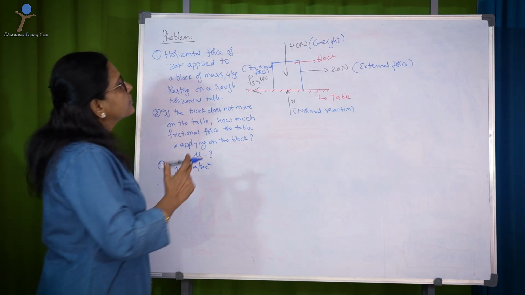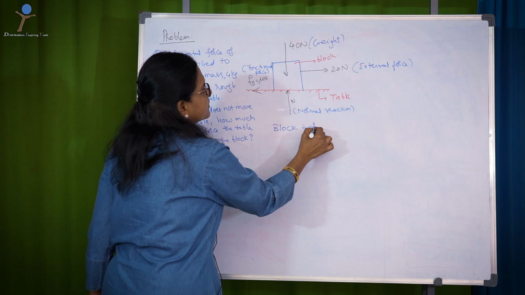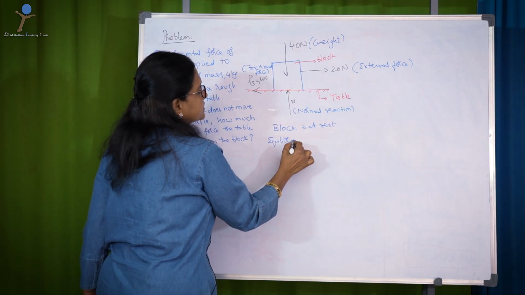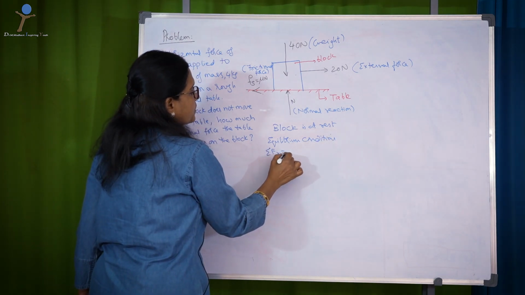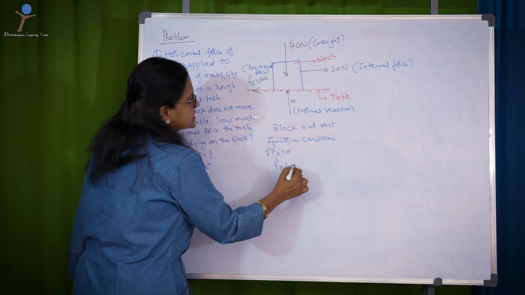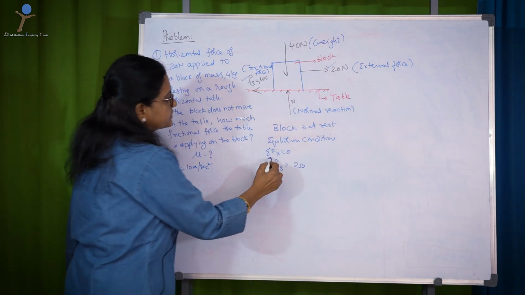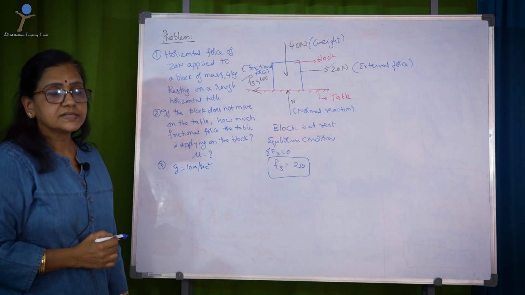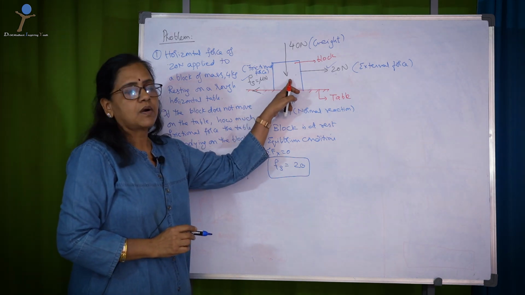Now, since the block is at rest, apply the equilibrium conditions, that is sigma Fx equal to 0 in this case. That means Fs is equal to 20. What is Fs? It is nothing but the frictional resistance offered by the table on the block.